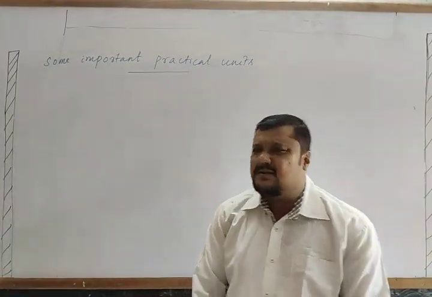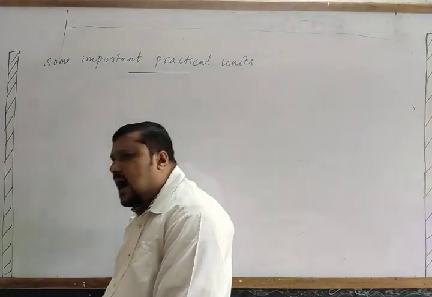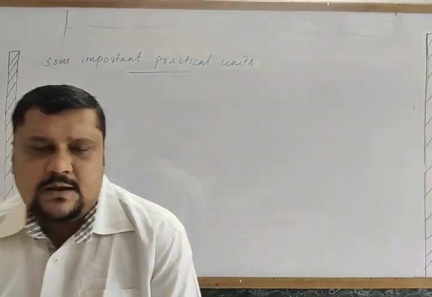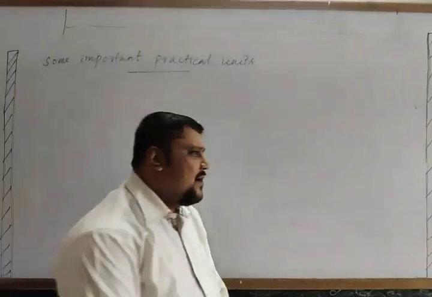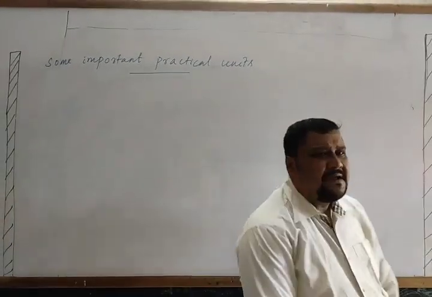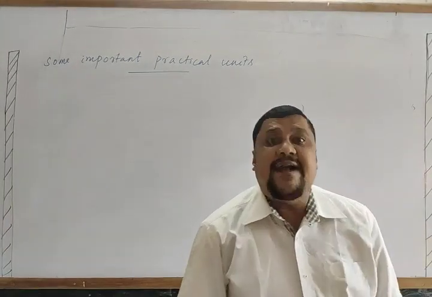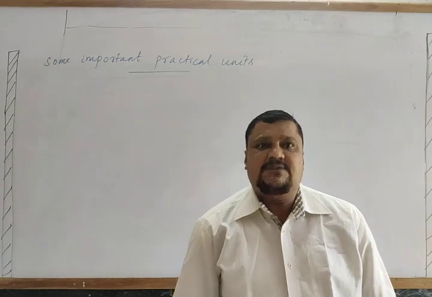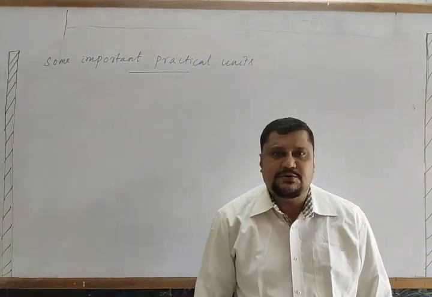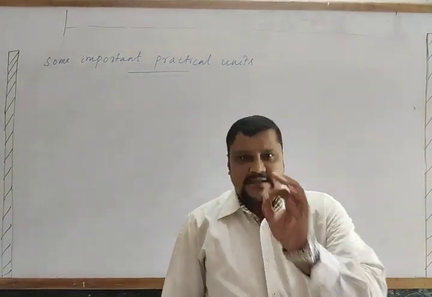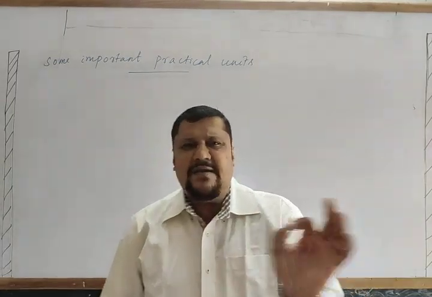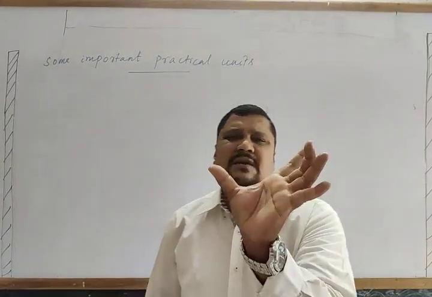But when I measure the distance from Earth to Sun, then in that case I will not use that meter. I will use a practical unit, light unit, astronomical unit, that I will use. Means meter is there, but it is not convenient. If I use the meter, the numerical value will be large.